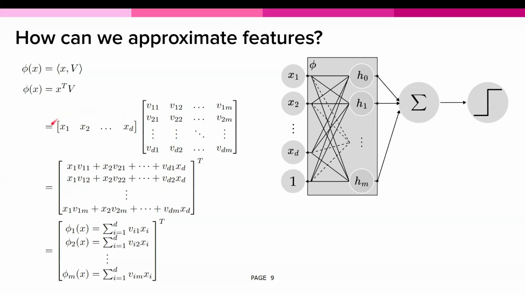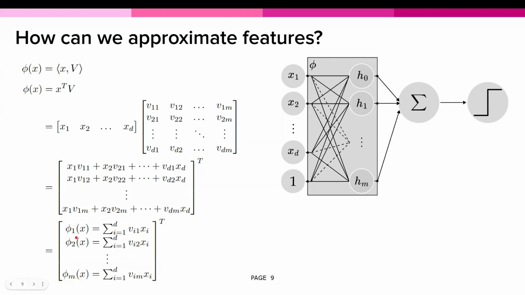And so we can go through all columns, multiplying our feature vector by each column, and that's going to give us a column vector of shape M by 1, which I've transposed just to save space.